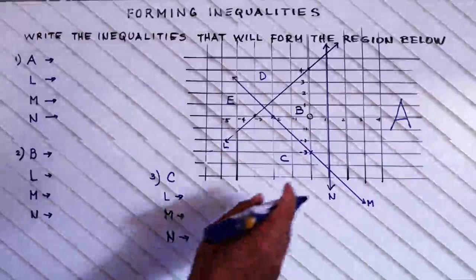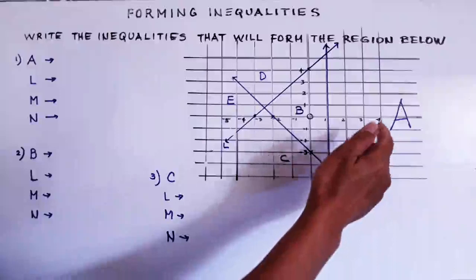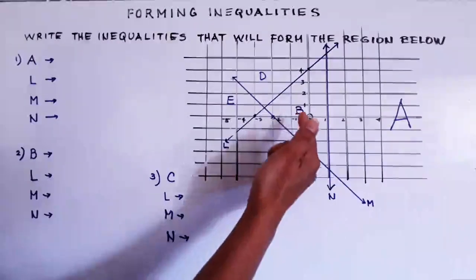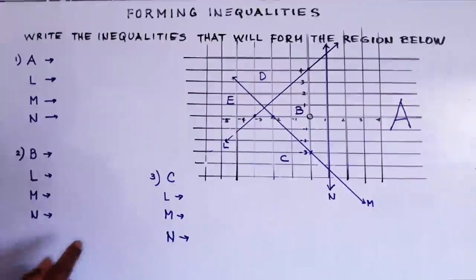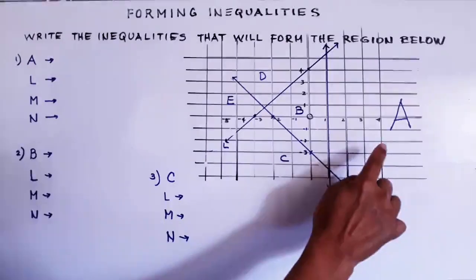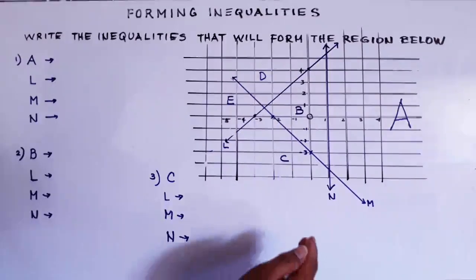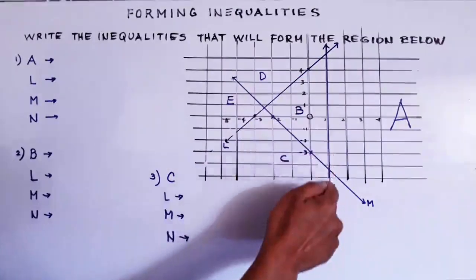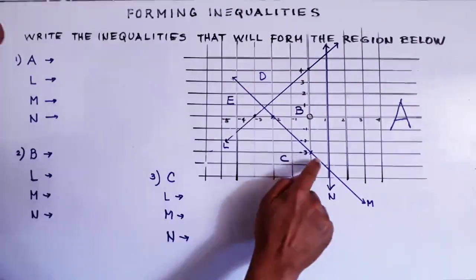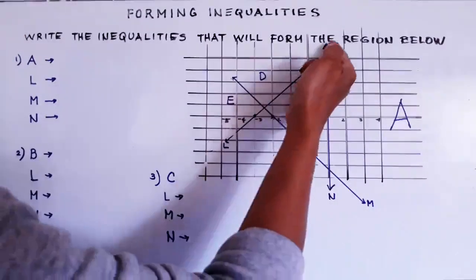Okay class, we have our last example here, but this one we will combine and form the inequalities for region A, region B, region C, region D, and region E. Now, you can see here that for region A, there are 3 lines that form region A. This vertical here, this line here, it's going there, and this line here going there.